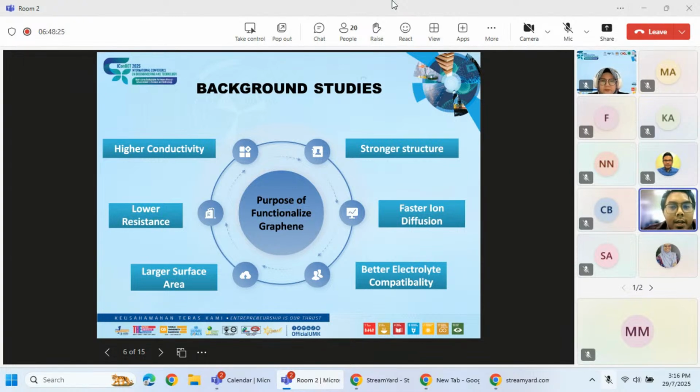Its larger surface area also provides more active sites for lithium ion interaction, while the stronger structure ensures better mechanical stability during cycling. Additionally, functionalizing promotes faster ion diffusion and better compatibility with electrolyte, making the material more efficient and reliable. This enhancement collectively makes functionalized graphene a promising alternative to conventional anode material in lithium-ion batteries.